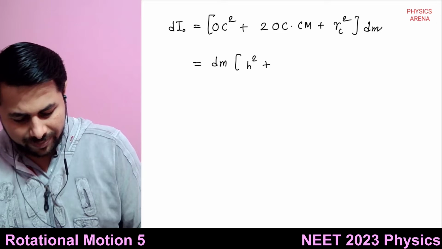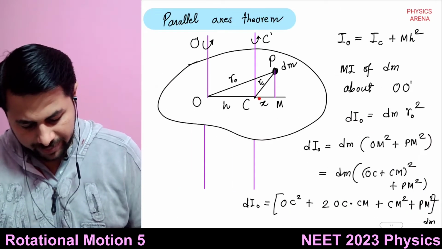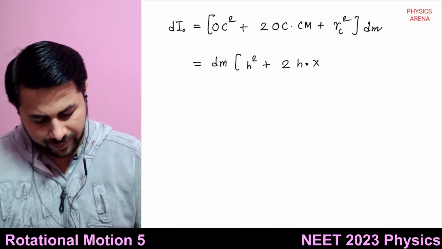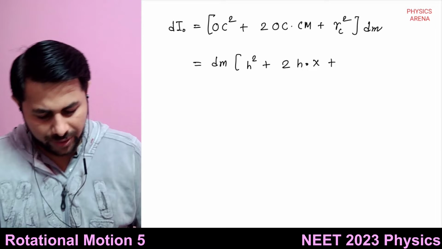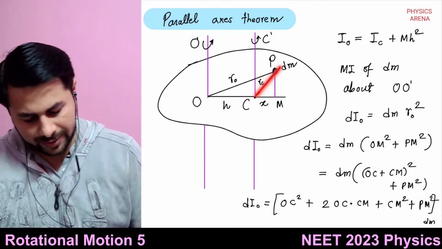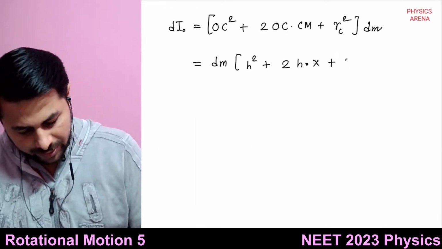So h squared plus 2 times h multiplied by CM, which is x, plus then you have RC squared. So what is RC squared? RC squared is RC squared only.